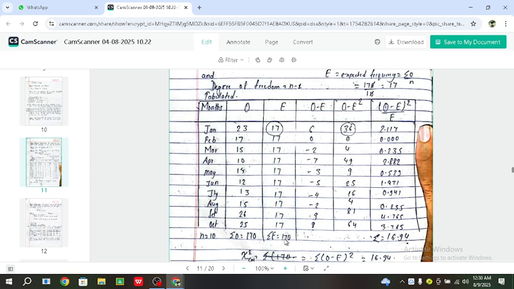Okay, don't worry. Now observed value minus expected value. If negative came, then write the negative one. Just this minus this, positive, this minus this, 0, this minus this, negative, like this only. O minus E, observed minus expected.